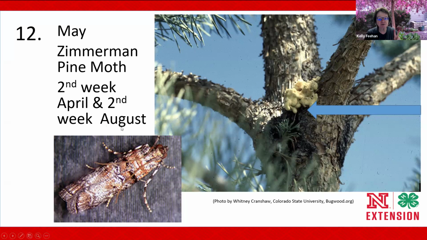Those are two generations, two time periods when that larvae is going to be there. Your sprays only work, unless it's a systemic like a soil drench, if that larvae is still very close to the surface or has not bored in yet. So that timing is kind of iffy.